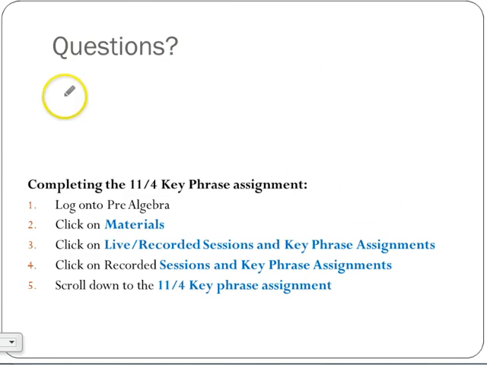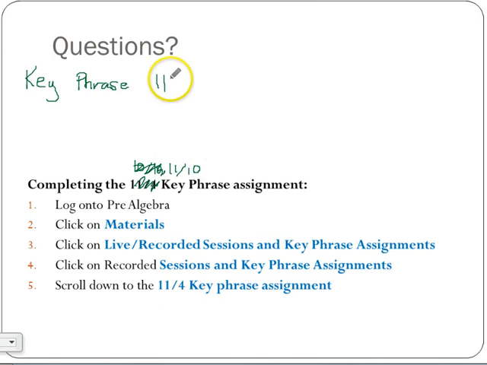So we're going to wrap that up here, and that means we're ready for the key phrase assignment for the week of, oops, not 11, that's 11/10. Ugh, I read that backwards. November 10th. So we are in the week of November 10th, and that's the key phrase that we are going to complete.